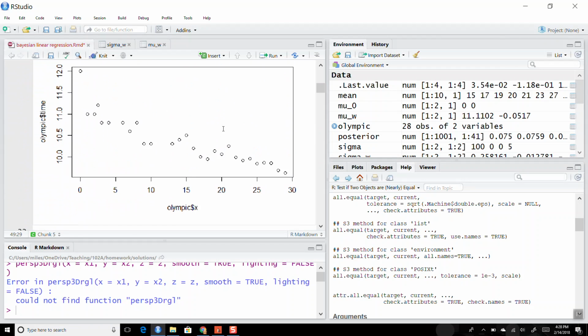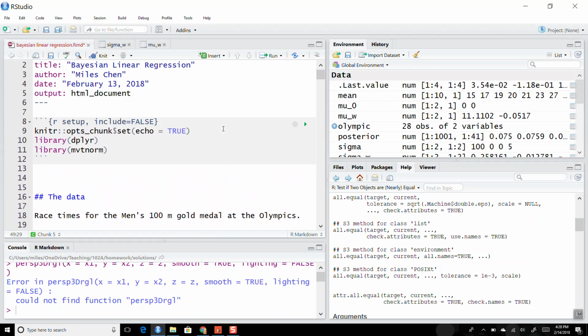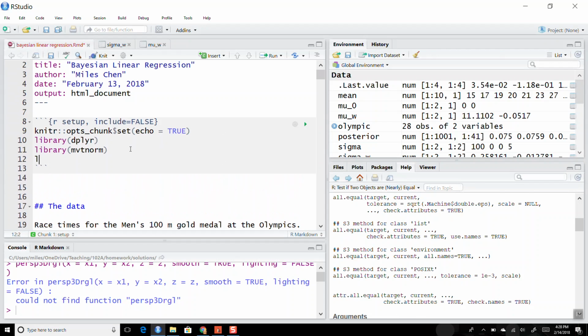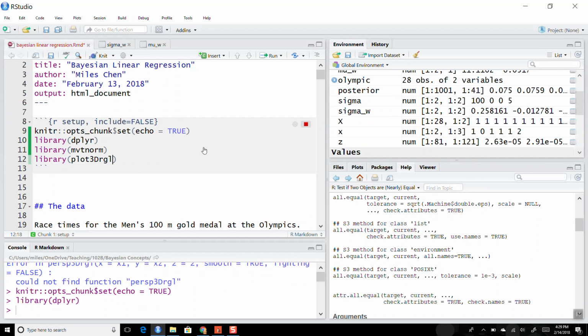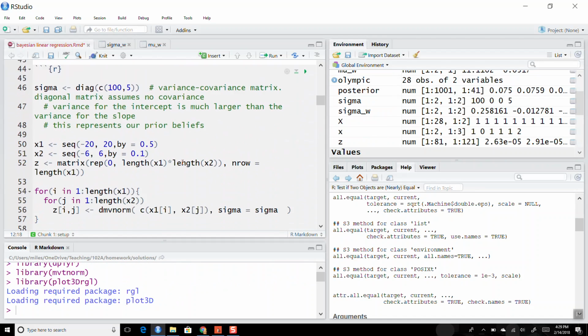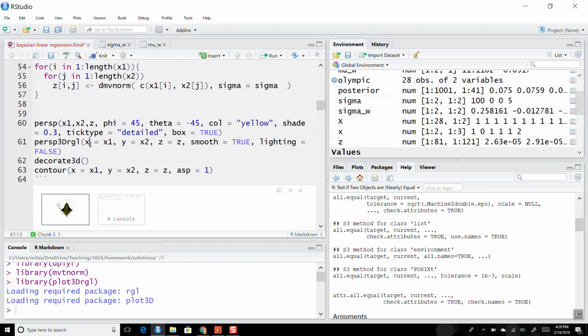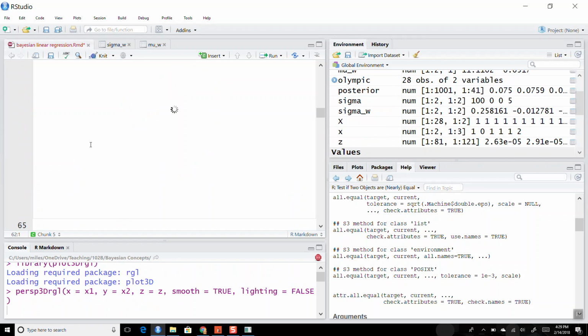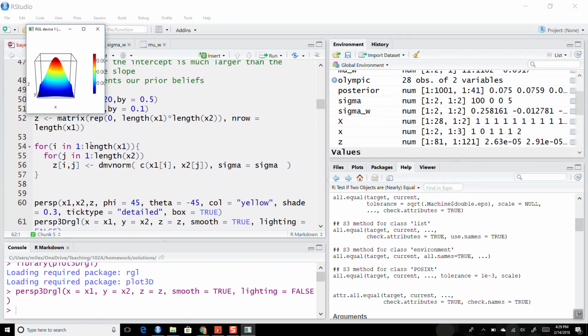Did I not load the library yet? No. I haven't posted this file online yet because it needs a lot of setup. Sorry, I have to load this library up. Maybe this is not as exciting as I think it is, but I think it's exciting.